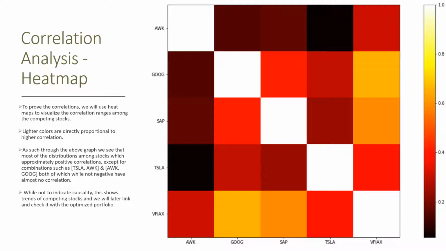Lighter colors are directly proportional to higher correlation, and the dark colors have very low correlation, as we are seeing between Amazon and Tesla over here, and Amazon and Google over here, which have the darker shades in color. And this may not show causality, but there can be a linkage between them in the portfolio, which we will see later.